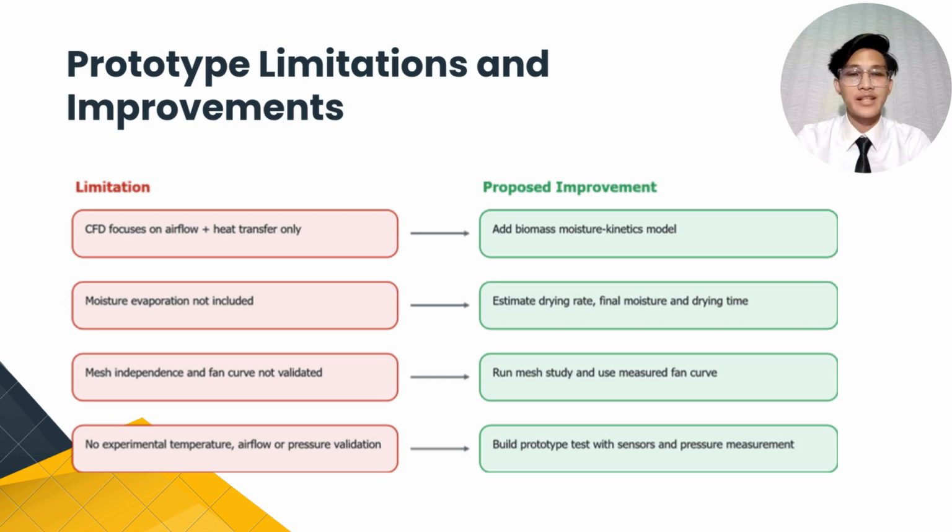The prototype has several limitations. The CFD model only focuses on airflow and heat transfer behavior, so it does not actually predict the real biomass moisture removal. Moisture evaporation should be added to estimate the drying rate, final moisture content, and drying time.